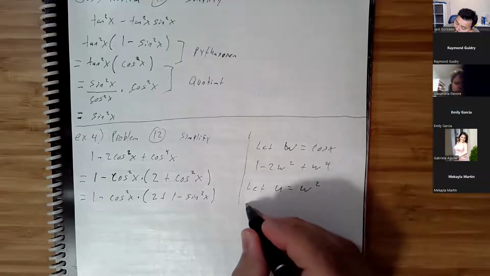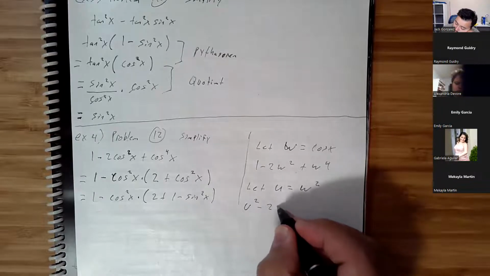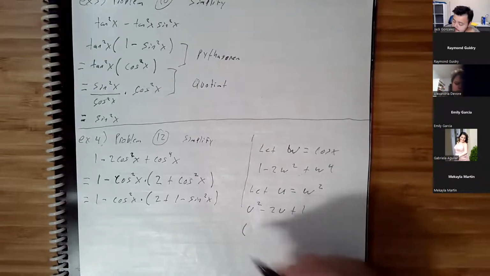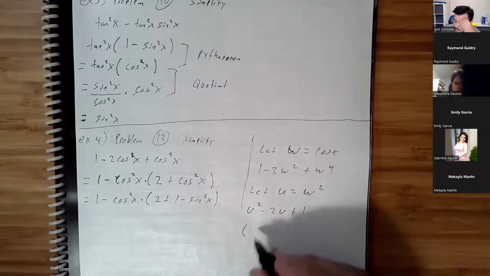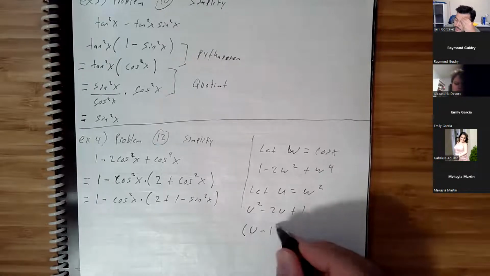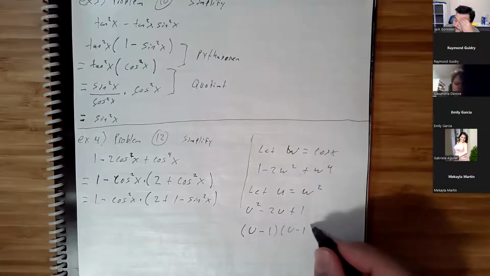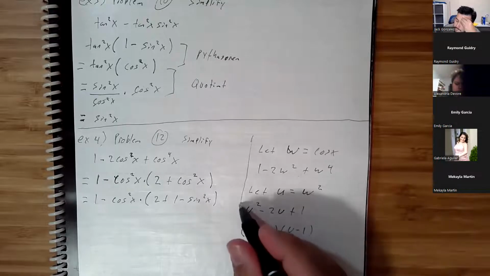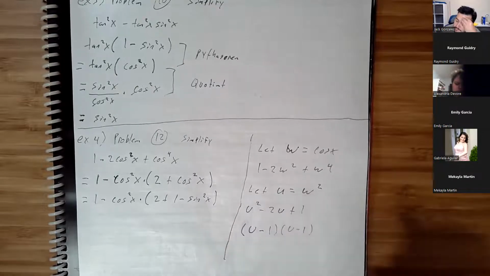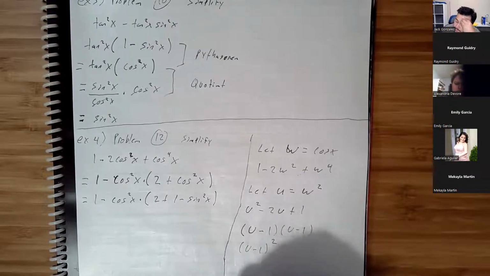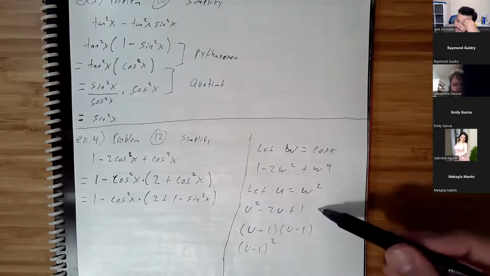So that'll give us U squared minus 2U plus 1, which factors into U minus 1 times U minus 1, which would be U minus 1 squared, right? Do you agree with this factoring here?